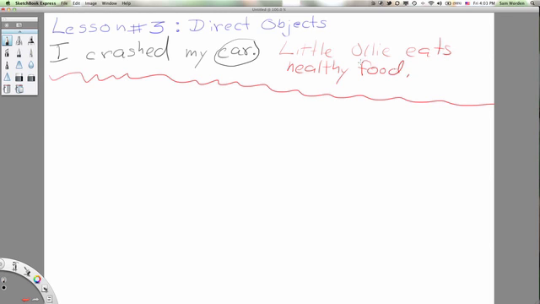So how do we diagram them? It's actually pretty easy. First, we'll do this first sentence. Drawing our little lines, always doing every little bit first, the same order every time. Subject, what's doing something? I. What did I do? I crashed.